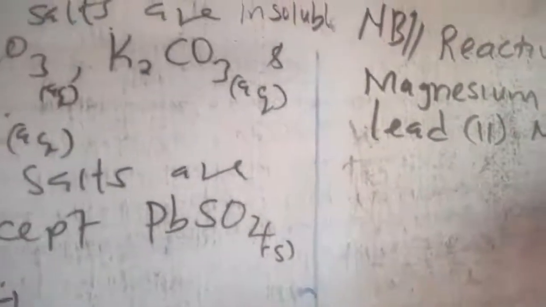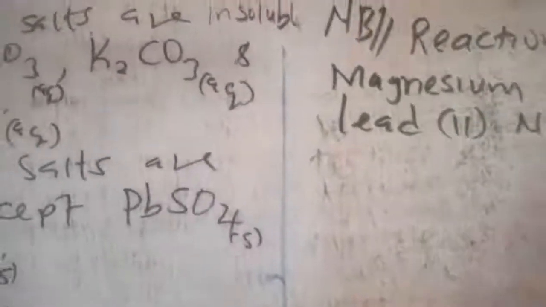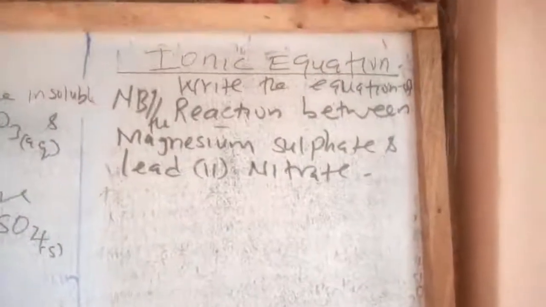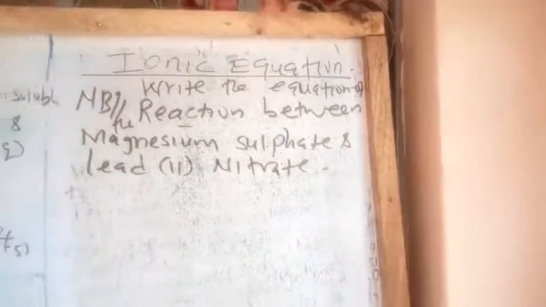Then you are required to write the equation. So the question is: write the equation of the reaction between magnesium sulfate and lead 2 nitrate.